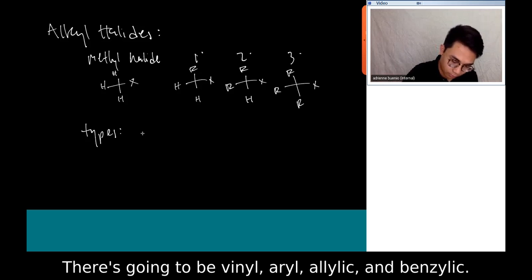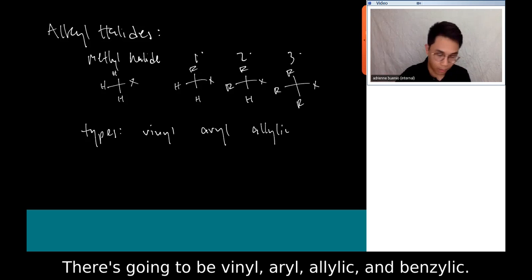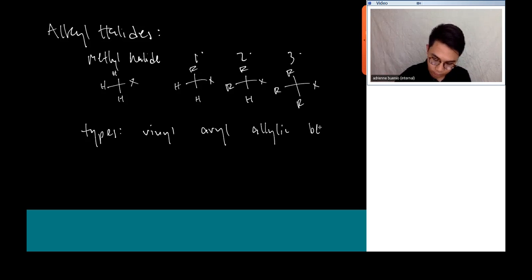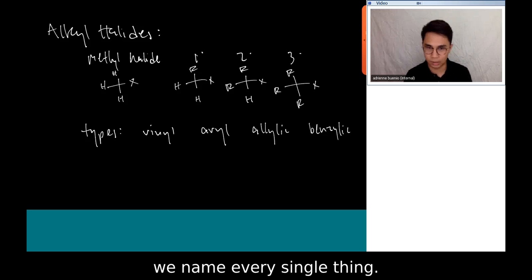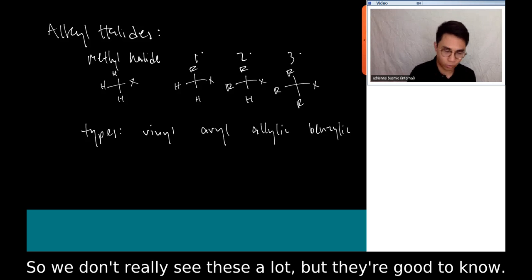So there's going to be vinyl, aryl, allylic, and benzylic. And we don't use this too much because when we name them, we name every single thing. So we don't really see these a lot, but they're good to know.